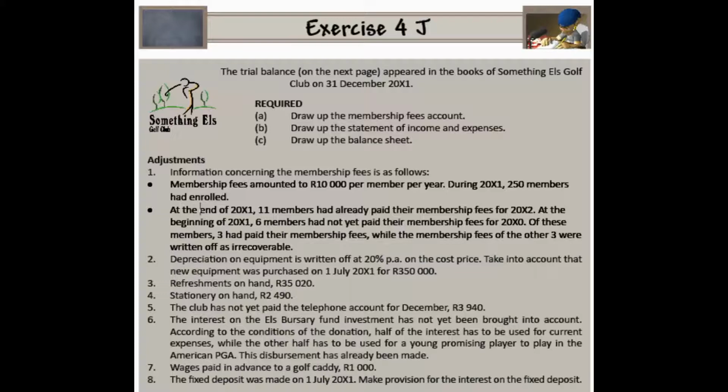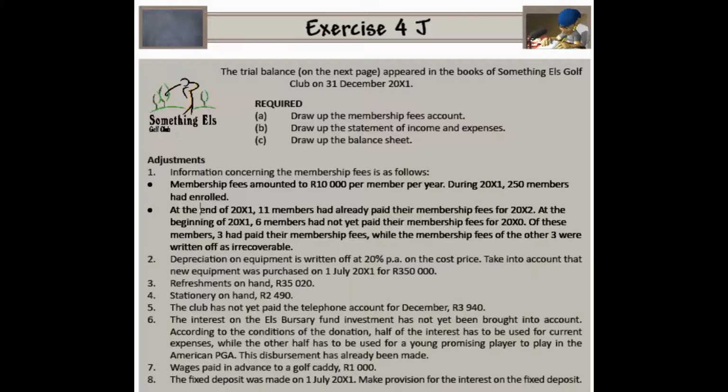In other words, we don't have purchases or opening stock and closing stock for any of those sections. So they just give us refreshments on hand, 35020, and then stationery on hand, 2490. That is the plain, straight consumable stores on hand, like you had it in the past.